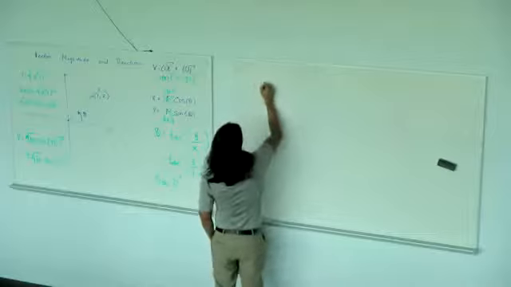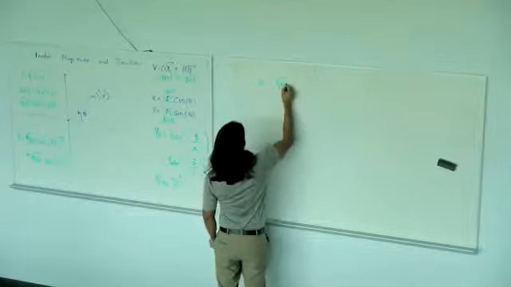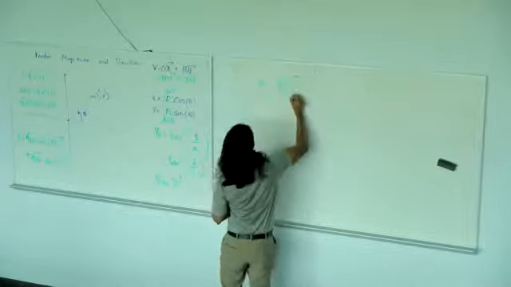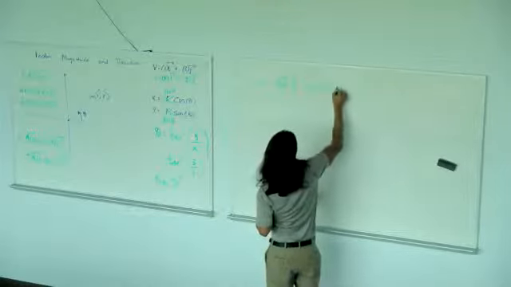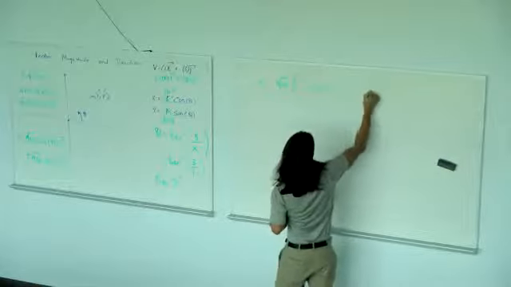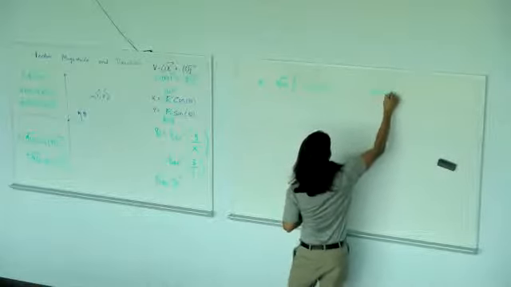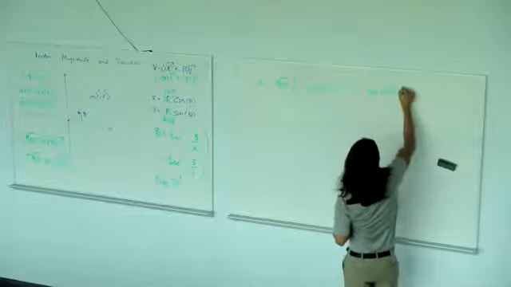I can rewrite that as square root of 10, which is in common, times cosine 72 degrees, i vector, plus sine 72 degrees, j vector.